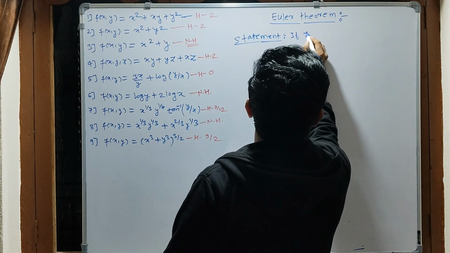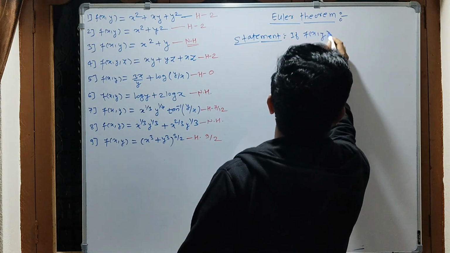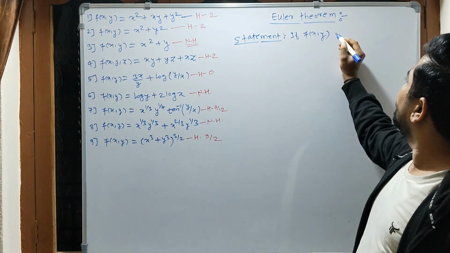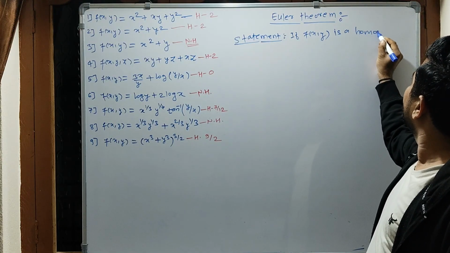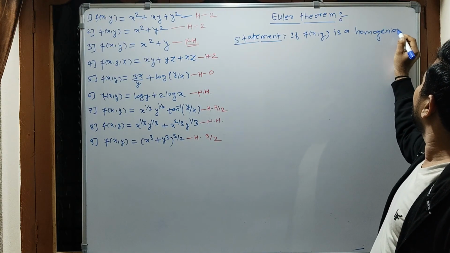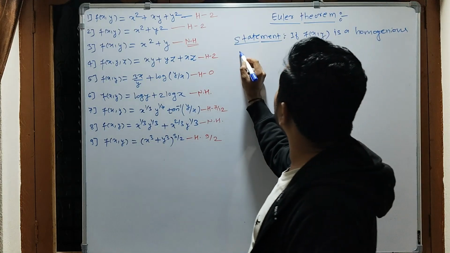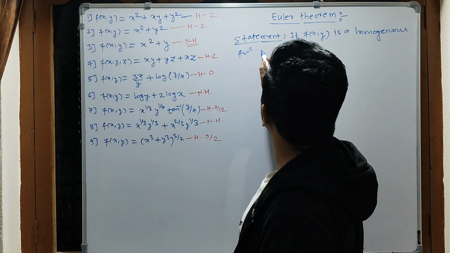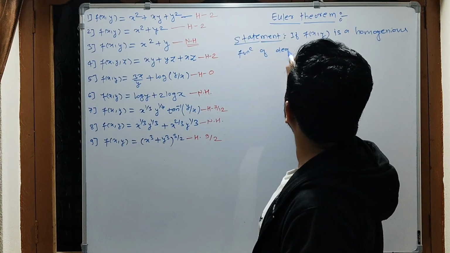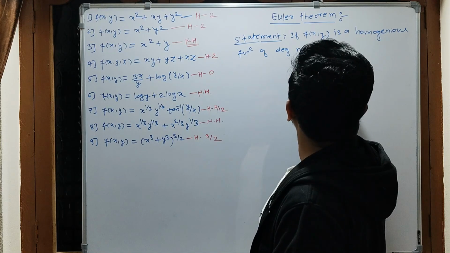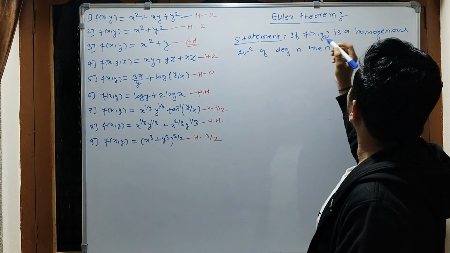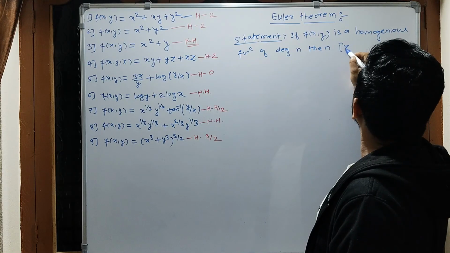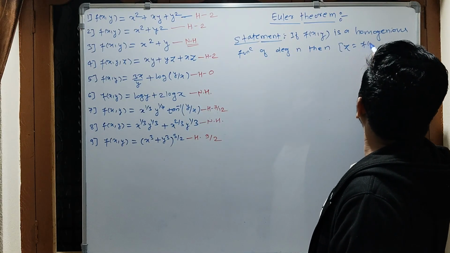if f of x comma y is a homogeneous function of degree n, then let's say I will write z equal to f of x comma y.